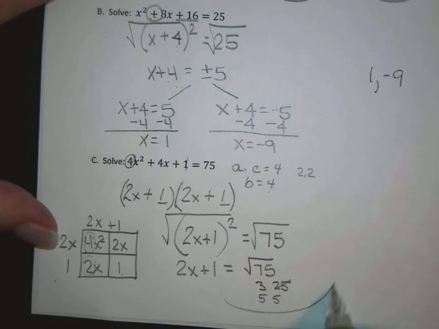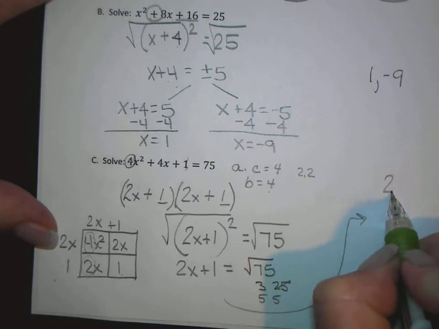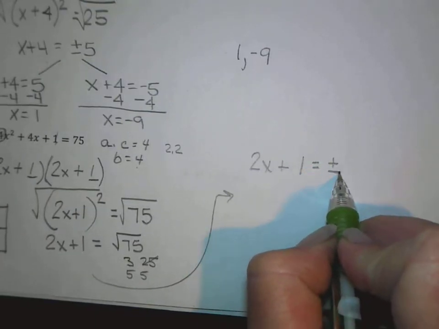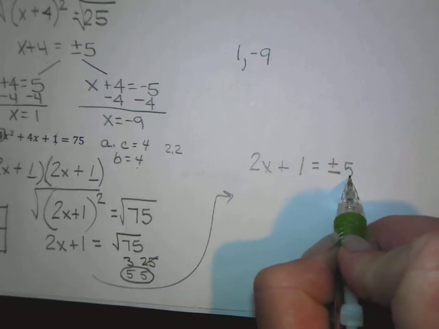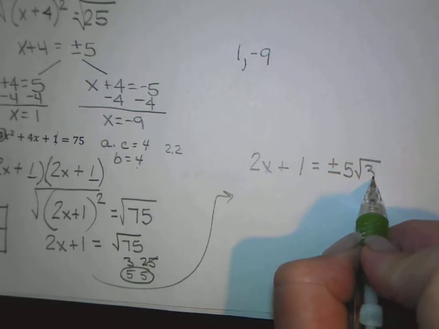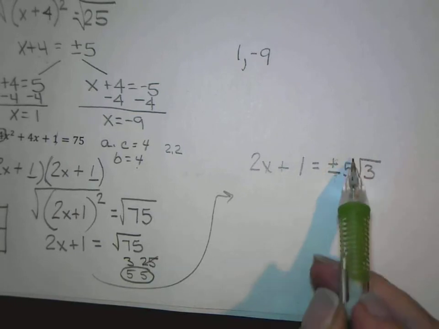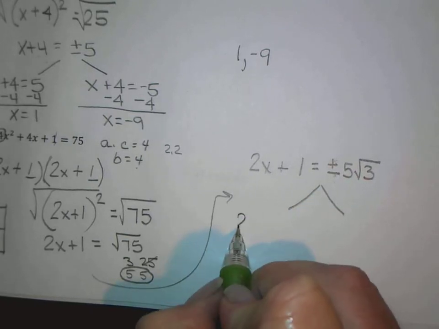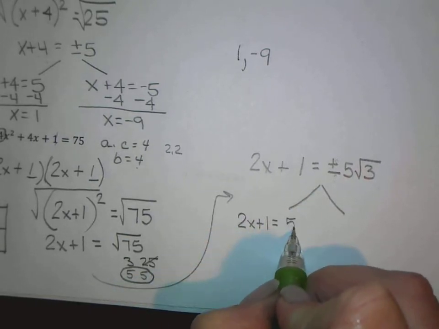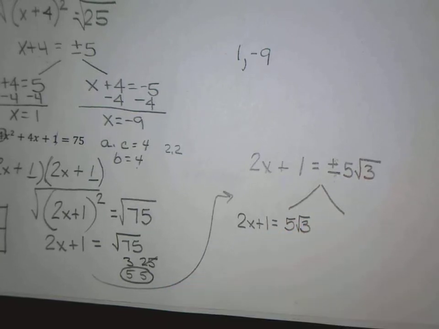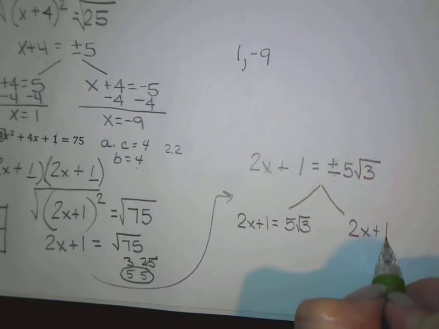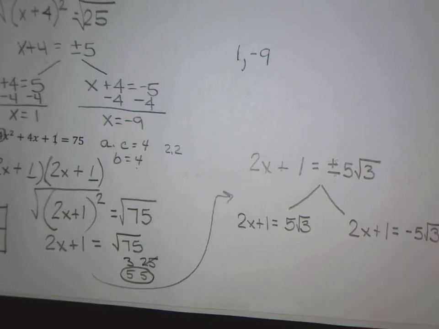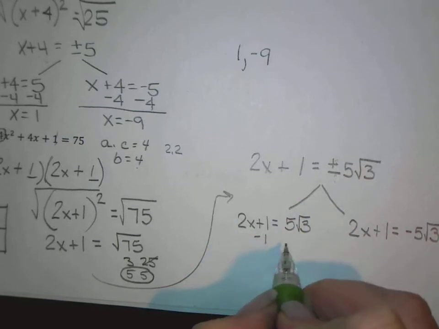So now, and I'm going to have to go up here because of space purposes, now we have 2x plus 1 equals positive or negative, we have a pair of 5, so it gets to come out, 5 square roots of 3. Now, because I have two problems here, you're going to split this into two problems. 2x plus 1 equals positive 5 square roots of 3, and 2x plus 1 equals negative 5 square roots of 3. Okay? You're going to subtract 1, and you're going to subtract 1.